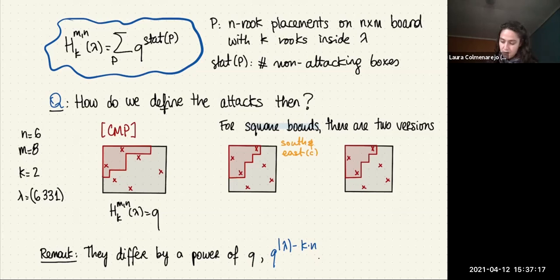Every time I have the rooks on my board, I'm going all the way south. And now I'm going all the way to the east, but I'm going to be facing the partition at some point. In that case, I'm just going to stop.